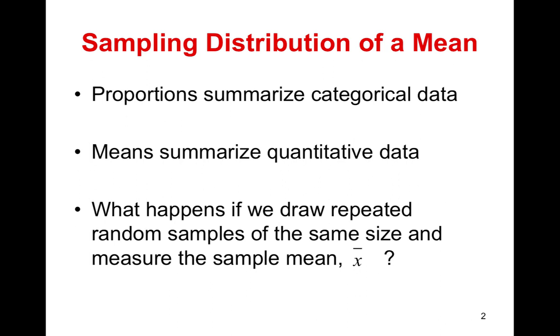Amazingly, the same is true for sample means that we symbolize by X bar. The result is summarized on the next slide and is referred to as the central limit theorem.